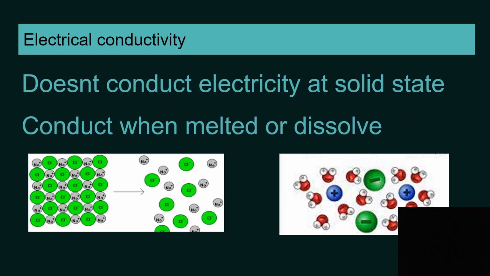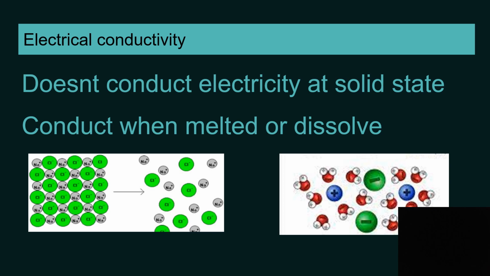And another physical property of an ionic compound is that they don't conduct electricity in a solid state. The reason for it is because, as you remember, the ionic compound has a lattice structure. Here we can see the lattice structure is fixed and the ions cannot move.